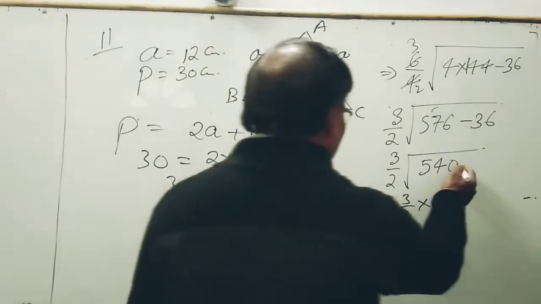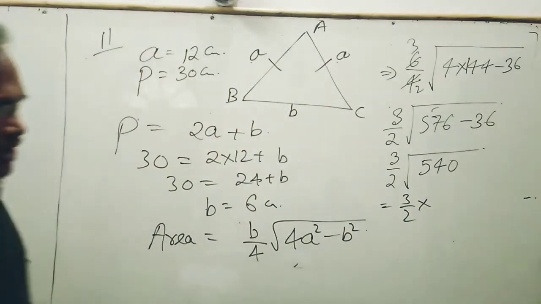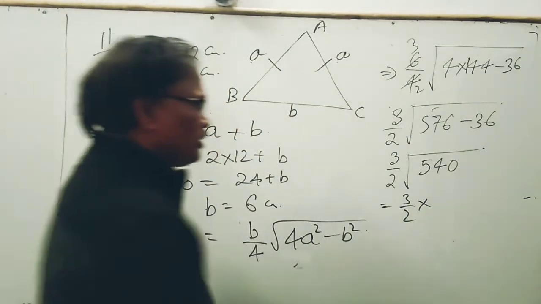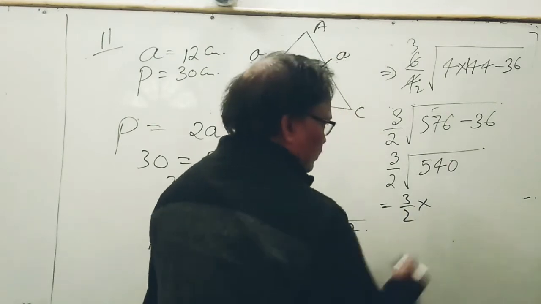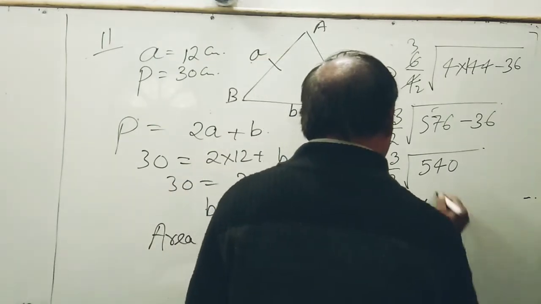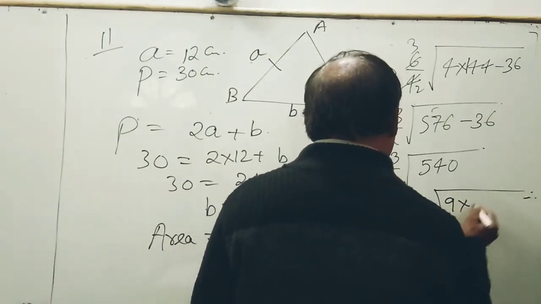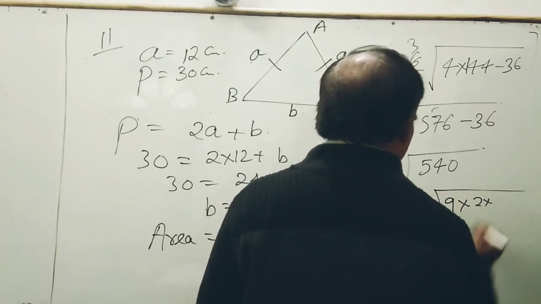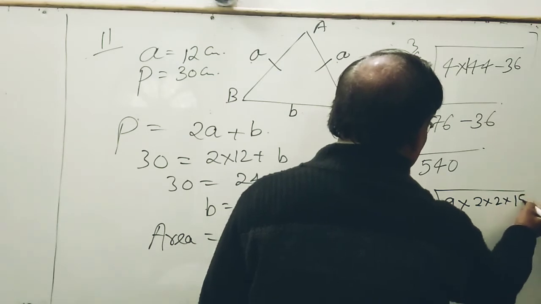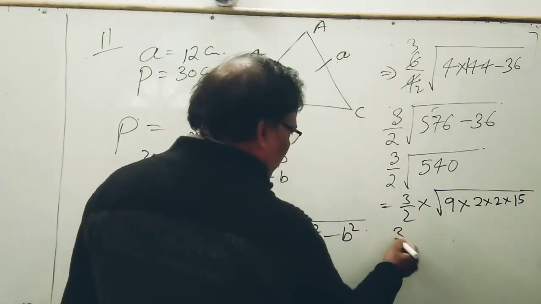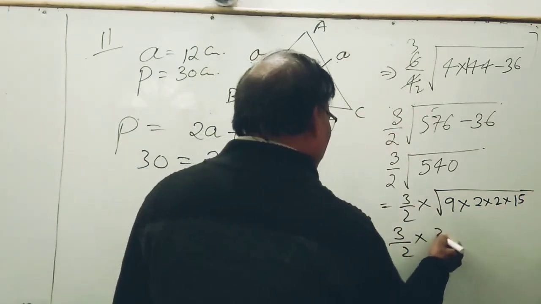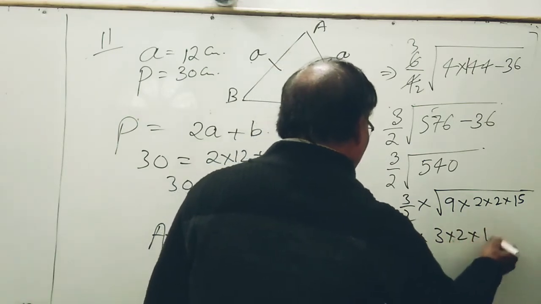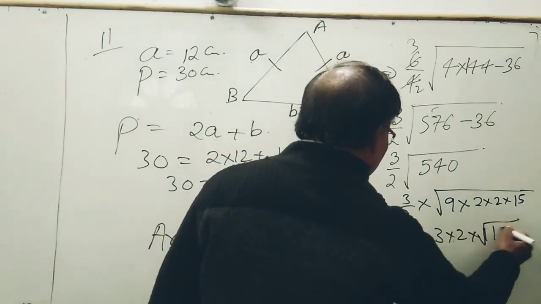You can multiply, or you can find the value of the 540 inside the square root. या simplify more, तो इसको और भी कर सकते हैं. You can write 9 into 60, and 60 like this. So it will be 3 by 2 into 3 into 2 into root 15.